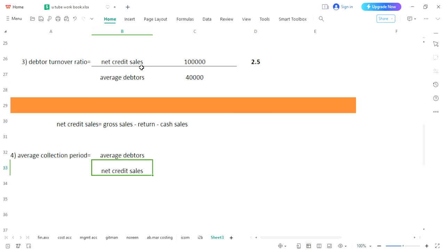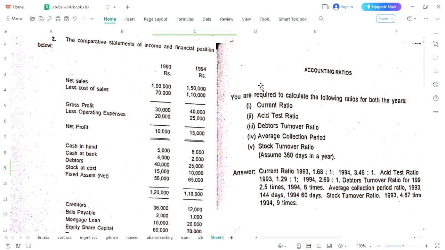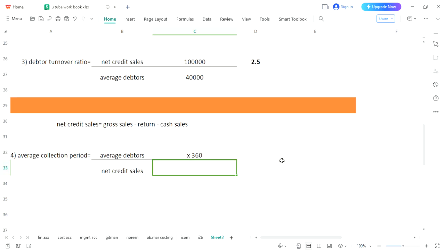So in this way our formula has been completed except for one step: you need to multiply it with 360 or 365 or 366, but here you can see that in our question it has been mentioned to suppose that there are 360 days in a year. So we will put 360 directly instead of 365 or 366.